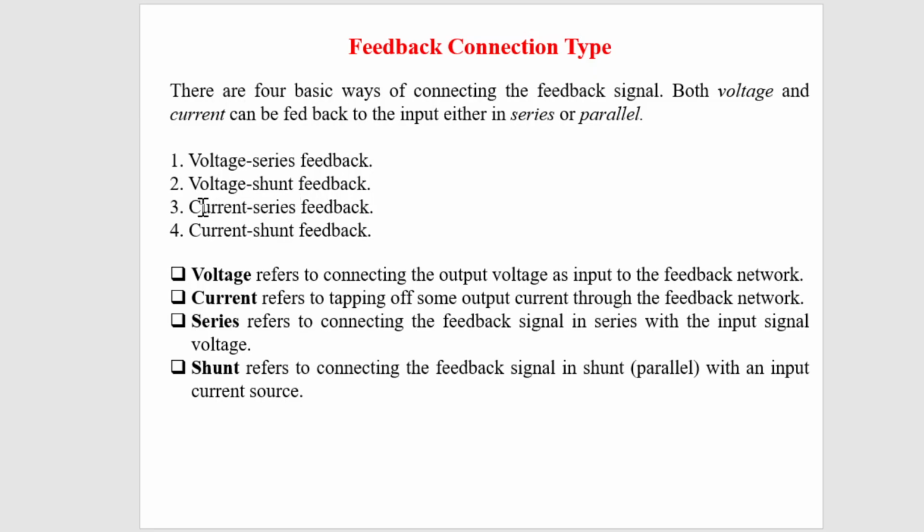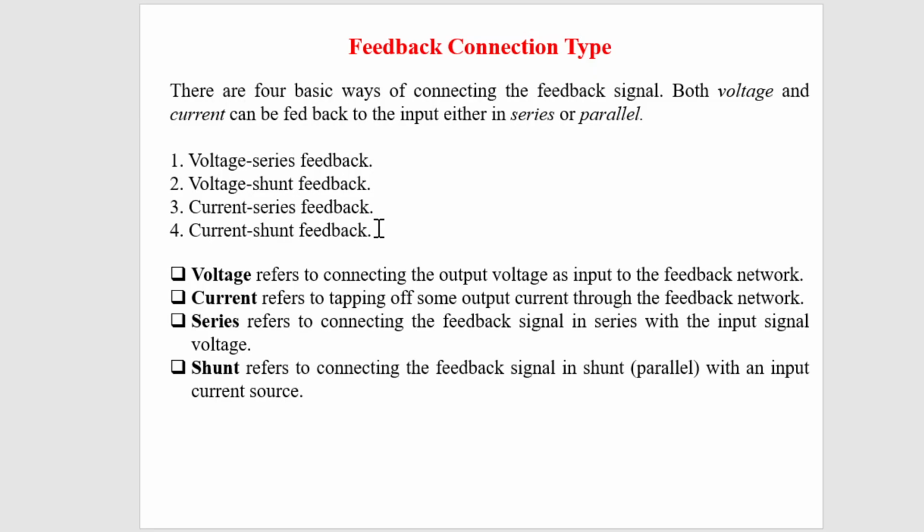Similarly, current series means we take the output as a current through the amplifier, and this output current is fed back in series to some voltage source. Similarly, current shunt means we have the output as a current, and this current is fed back in parallel combination to the input current source, that is the current shunt feedback network.